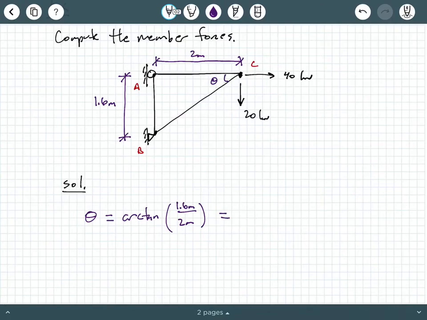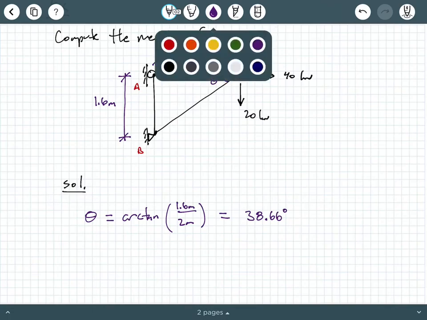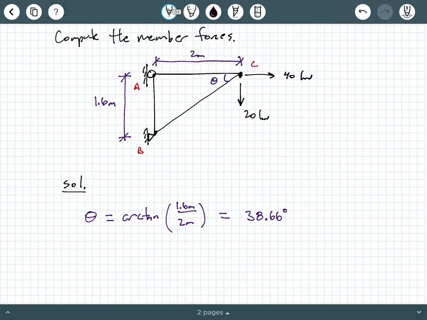And when you crank that through, I get 38.66 degrees.